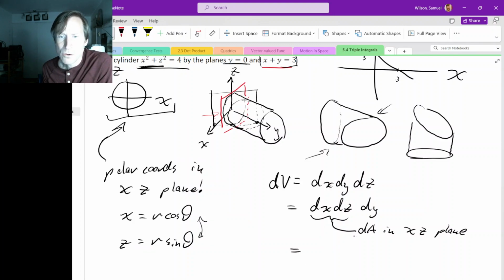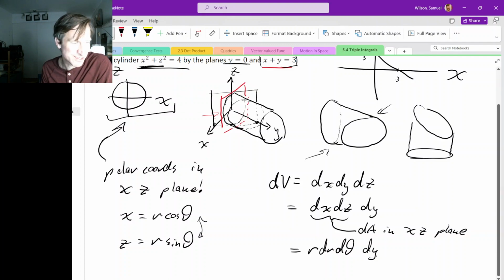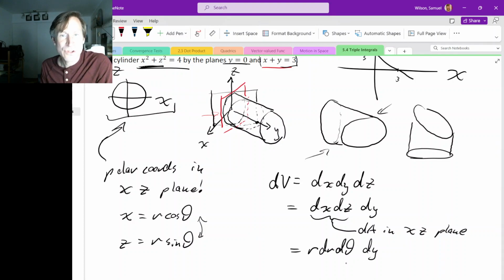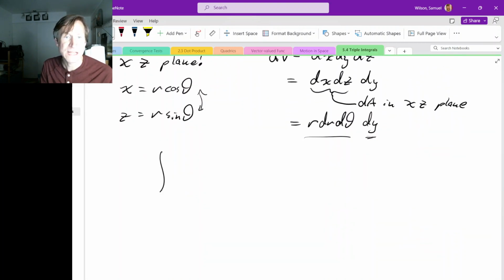But we know the relationship between Cartesian coordinates in a plane and polar coordinates in the plane. dx dz should be r dr d theta. So the dy is just like a spectator. It doesn't participate in this change of coordinates. So when we set up this triple integral, we'll still have y floating around, but instead of dz and dx, we'll have r dr d theta. It's hard to know ahead of time what order to put these in.